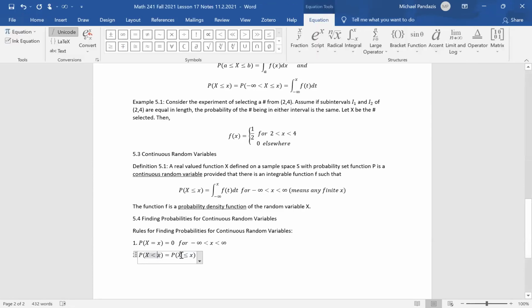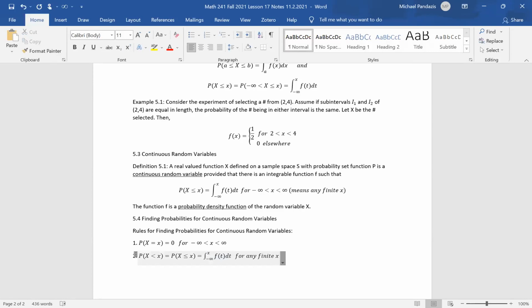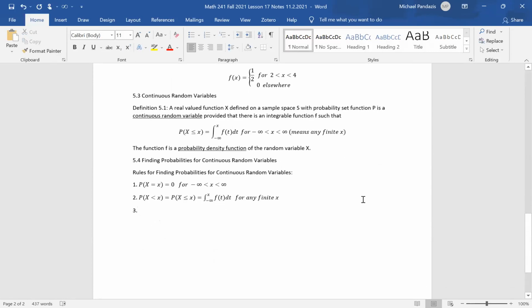You can remove a point here and it doesn't change the probability. And this probability, as we already talked about, is the integral from negative infinity to little x of f of t dt, for any finite x. So that's the second rule.